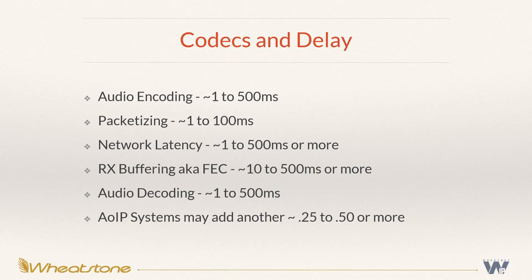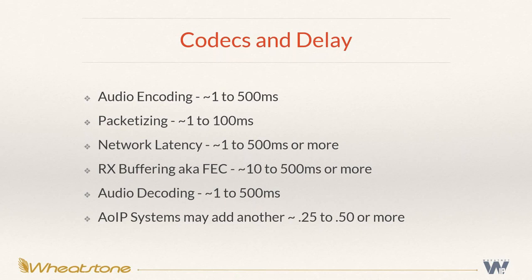The biggest impactor for codecs and delay is forward error correction or receive buffering. Forward error correction has this impact, and it's a trade-off between timing of the audio versus continuous, quality audio. Other latency factors include decoding on the receive side and pass through to the endpoint or the next system.